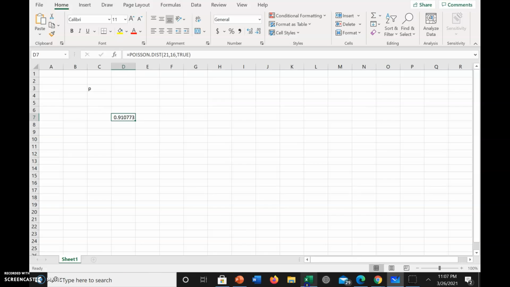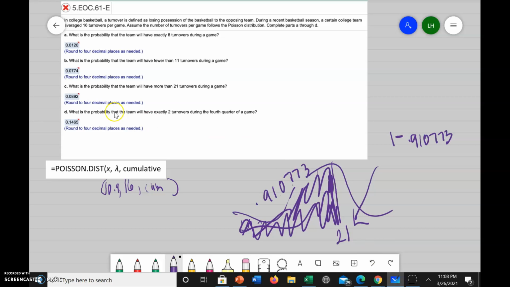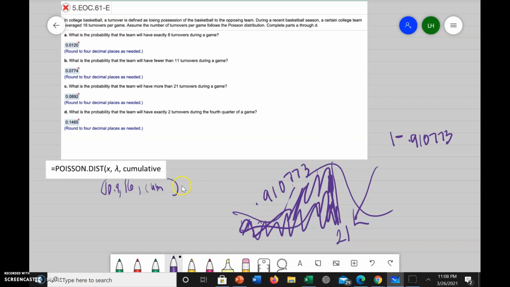So if we do that real quick, you get 0.0893, or 0.0892 is what they got. 0.0892, sorry, I rounded wrong. So that would be right.